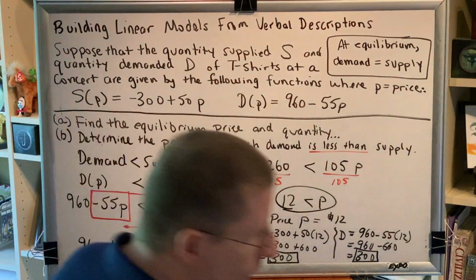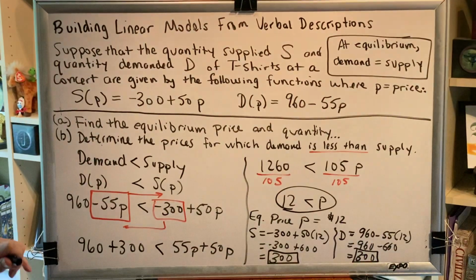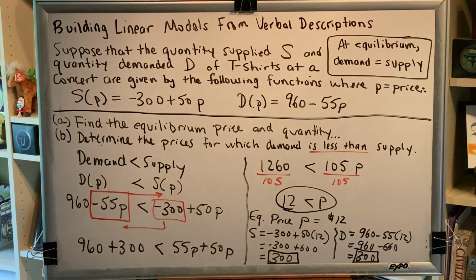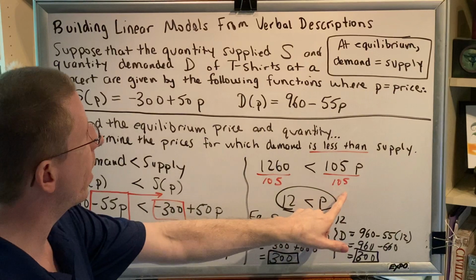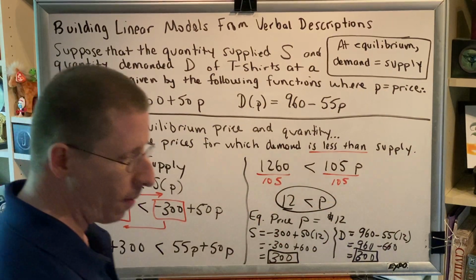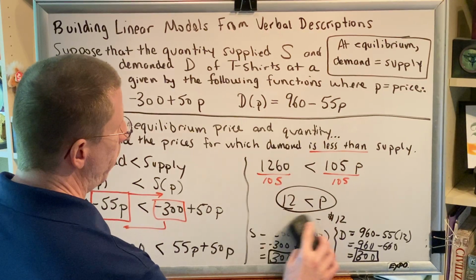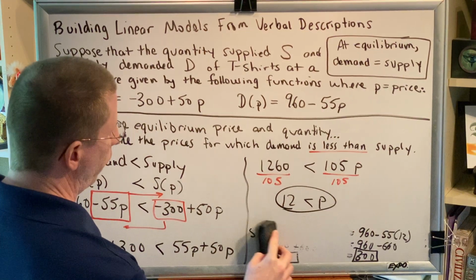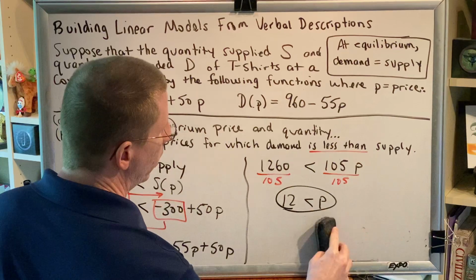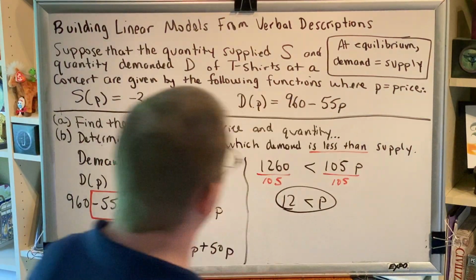The only thing I have to be careful of is to check whether I did any multiplying or dividing by a negative, because that would flip my sign. And I can see that I did not do that. I divided by a positive here. So I get my final result, which is that 12 has to be less than p. Now, the p is on the wrong side here, so in order to get a final answer that we can interpret effectively, we really should swap the two sides.